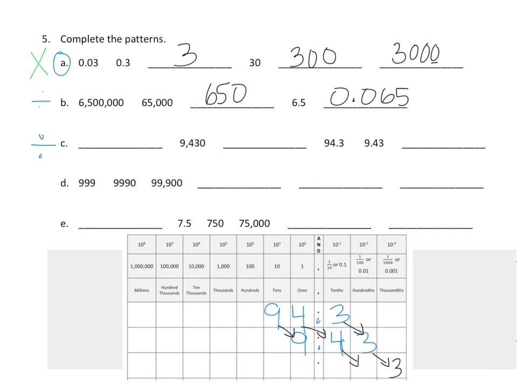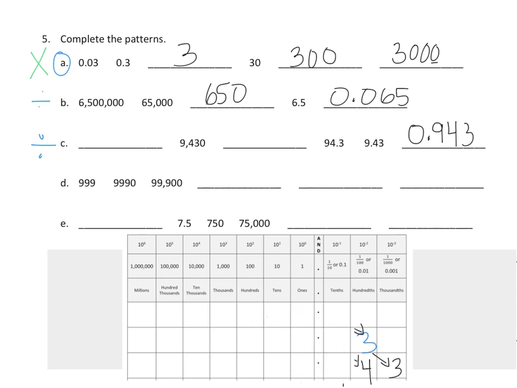The 4 will go into the hundredths. And the 9 will go into the tenths. We'll have a decimal point in front of the 9, and we need to fill the ones with a 0. So the last number in the pattern is 0 and 943 thousandths. And now we'll work backwards to figure out what the first one and the third one are going to be.